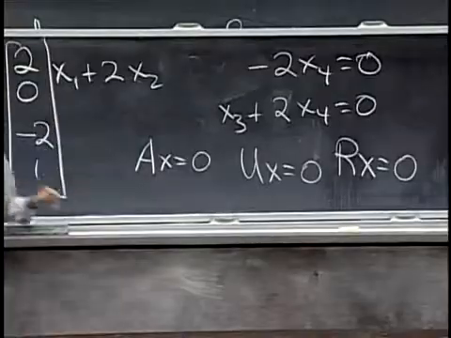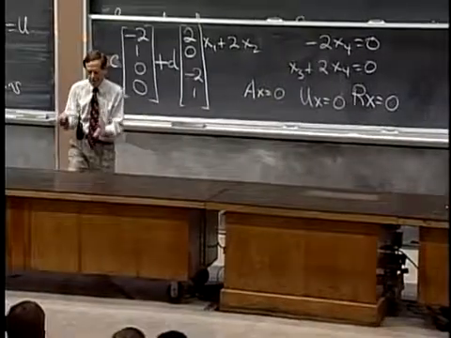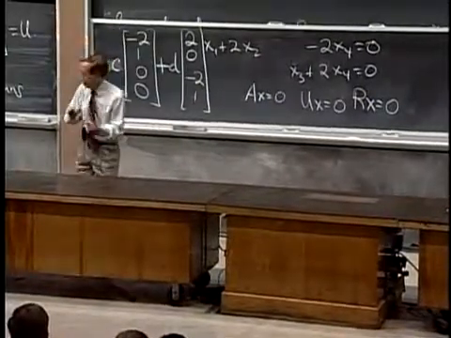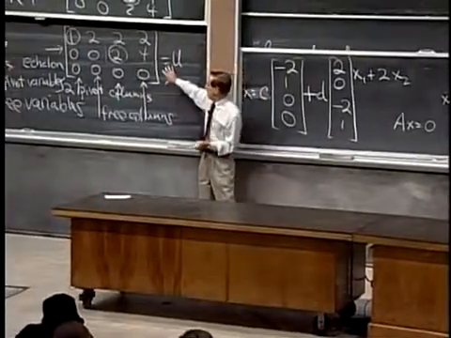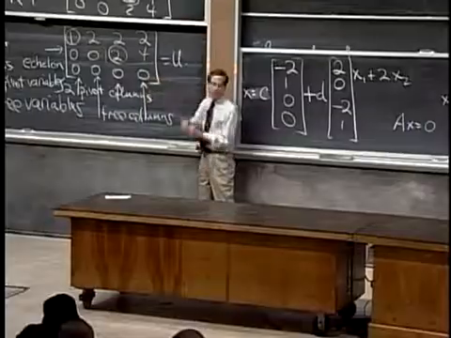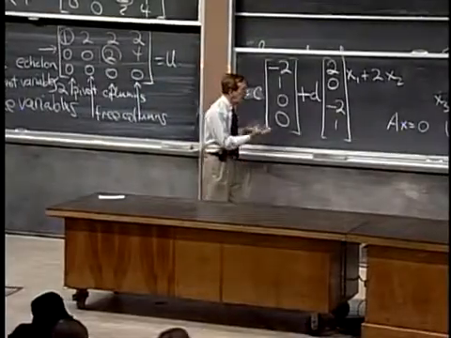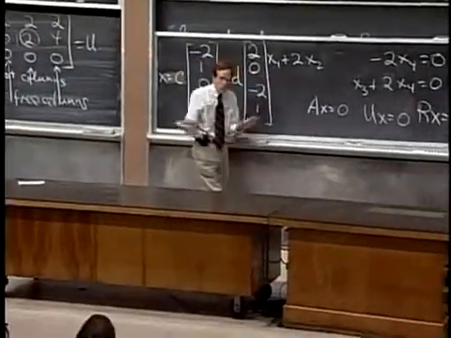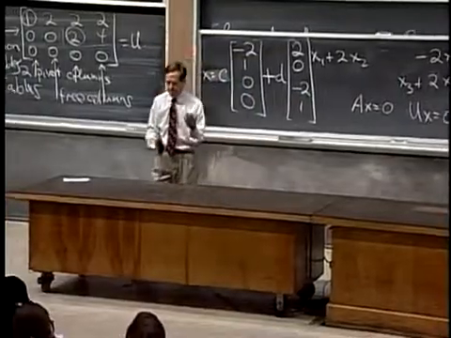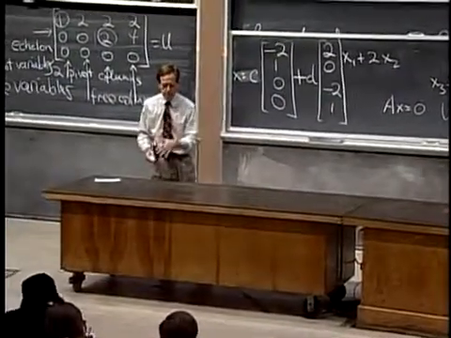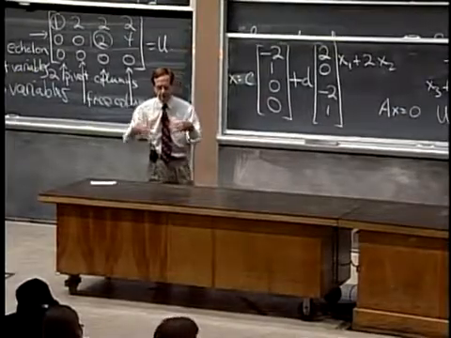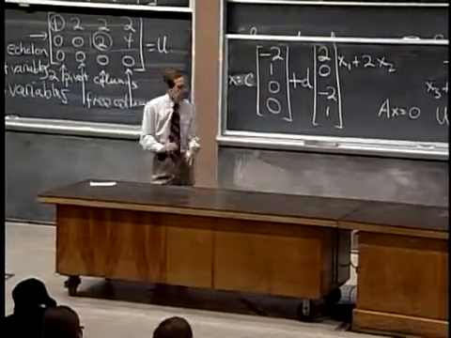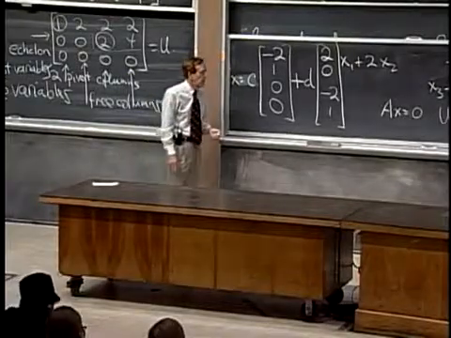Now, I'm hoping everybody in this room understands: the solutions to the original Ax equals 0, the midway Ux equals 0, and the final Rx equals 0 are all the same. Because going from one of those to another, I didn't mess up. I just multiplied equations and subtracted from other equations, which I'm allowed to do.